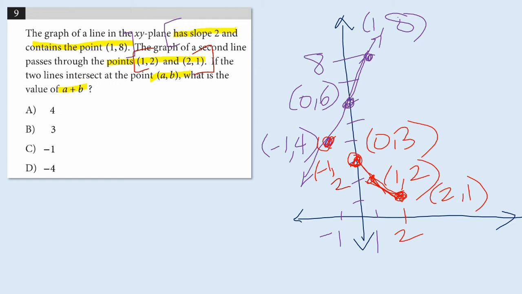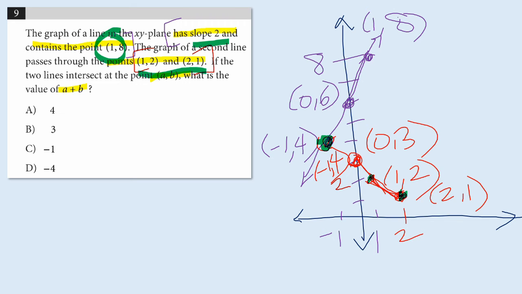So I think that you can see at this point that I did a straight shot in the first line from (1, 8) going down 2 units, and that brought me to this point here. And for the second line, I did a straight shot from (1, 2) and (2, 1), extending it, and I also got to that point.